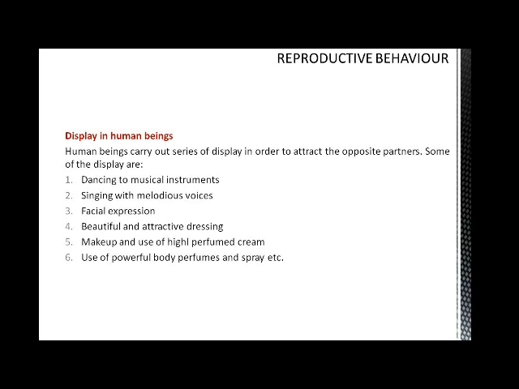The next one is the use of powerful body perfumes and spray. When we are through with dressing up, we pick up our spray, different types and perfumes, and spray ourselves with this, so that when we pass close to the person we want to notice our presence, the person notices how we are giving out the sense that we have on ourselves.